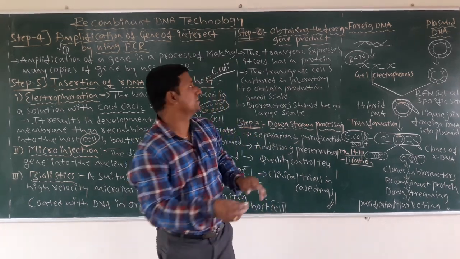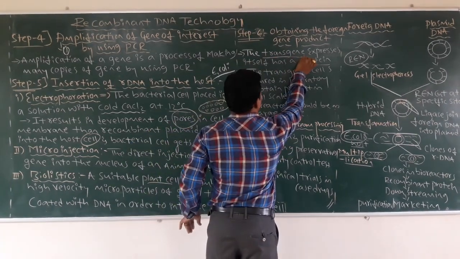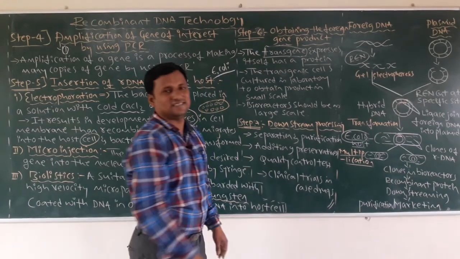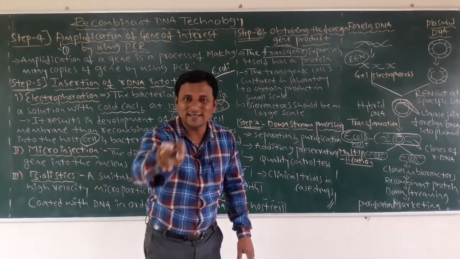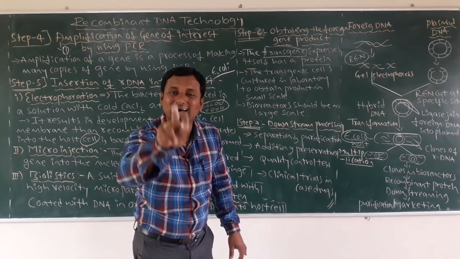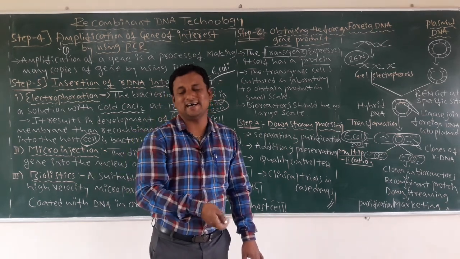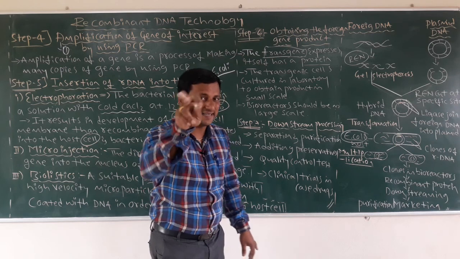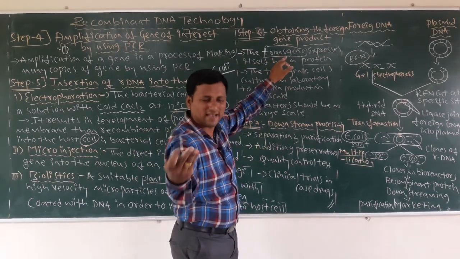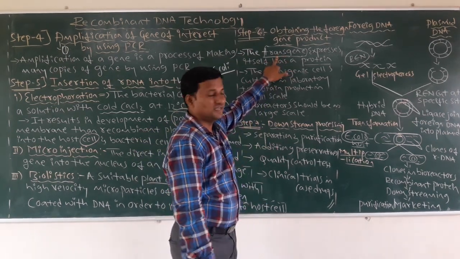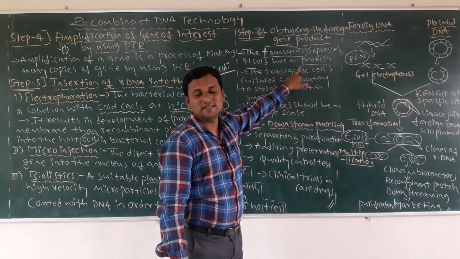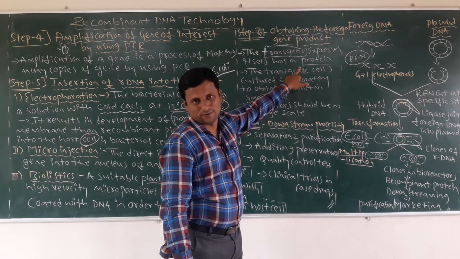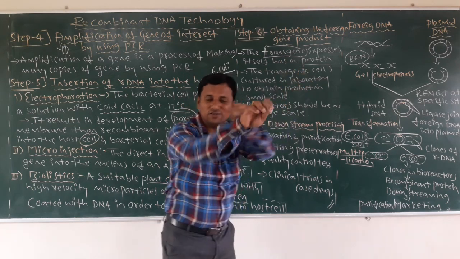You must remember the word transgene. What is a transgene? The transferred gene. What you transfer, the rDNA, recombinant DNA or recombinant gene, becomes a transgene. It expresses as a protein. Which protein? Recombinant protein.